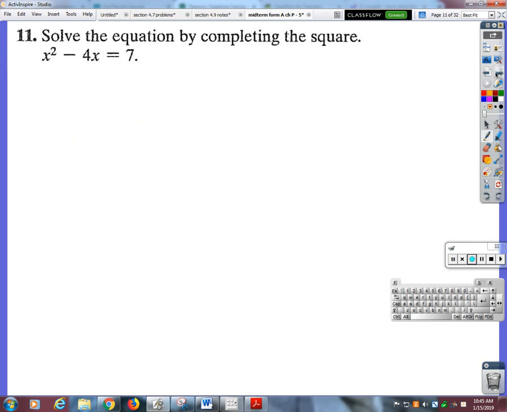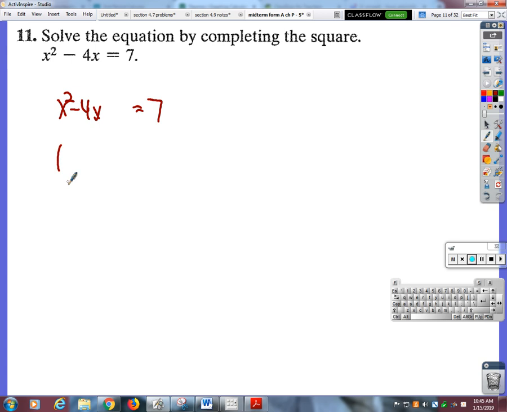Okay. Number 11. Solve the equation by completing the square. So, what number do I have to add to the left side of that equation to make it a perfect square trinomial?